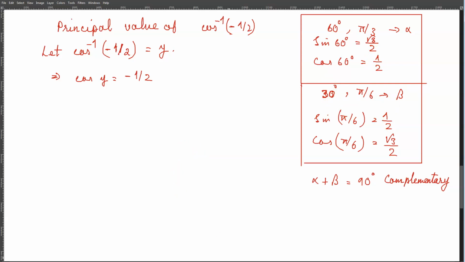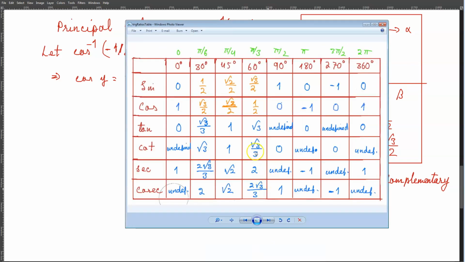And we can see the same thing over here as well. The sine of 30 degrees is equal to the cos of 60 degrees, 1 by 2, 1 by 2. And the sine of 60 degrees is equal to the cos of 30 degrees, square root of 3 by 2, square root of 3 by 2, right? And you can see the same thing over here as well. For example, the tan of 30 degrees, square root of 3 by 3, is equal to the cot of 60 degrees.